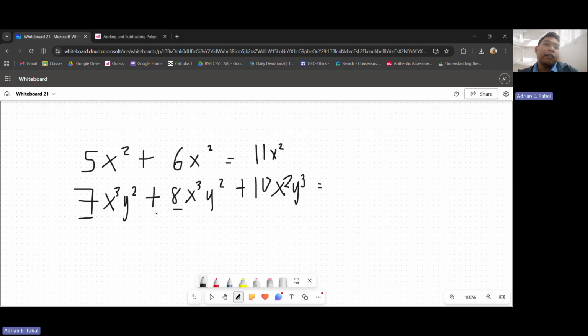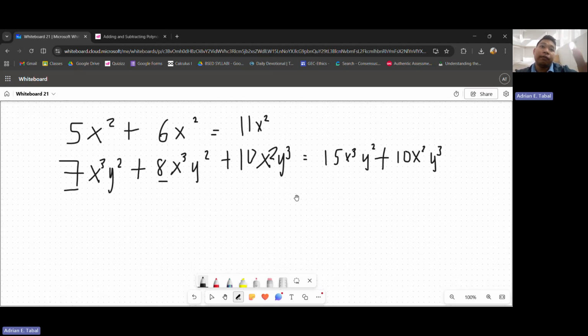So we will just add 7 and 8. This is 15. Copy x cubed y squared. So what will happen to 10x squared y cubed? All we need to do is copy it, since we don't have anything to do with that polynomial. So just copy if they are not like terms.